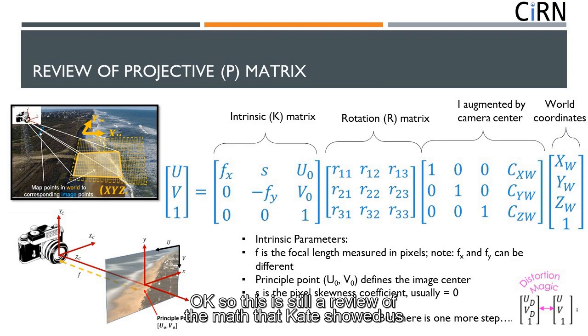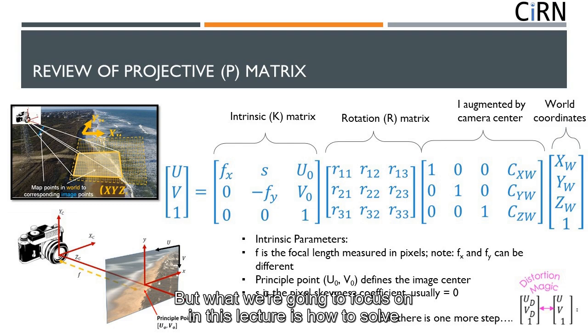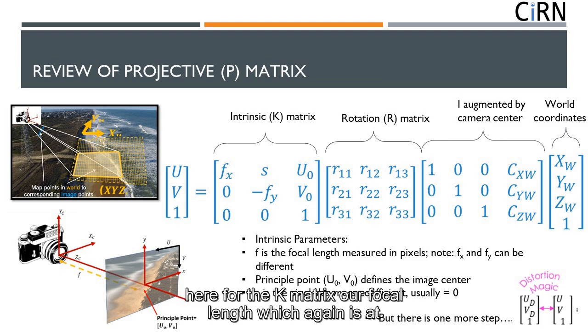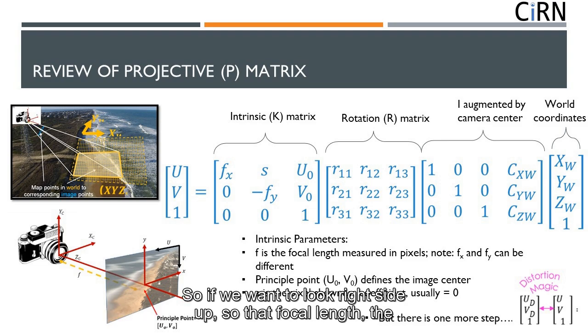Okay, so this is still a review of the math that Kate showed us without the pretty colors. But what we're going to focus on in this lecture is how to solve here for the K matrix, our focal length, which again is that distance from the focal point of the camera where the light comes through and our image sensor, or the virtual image plane, so if we want to look right side up.